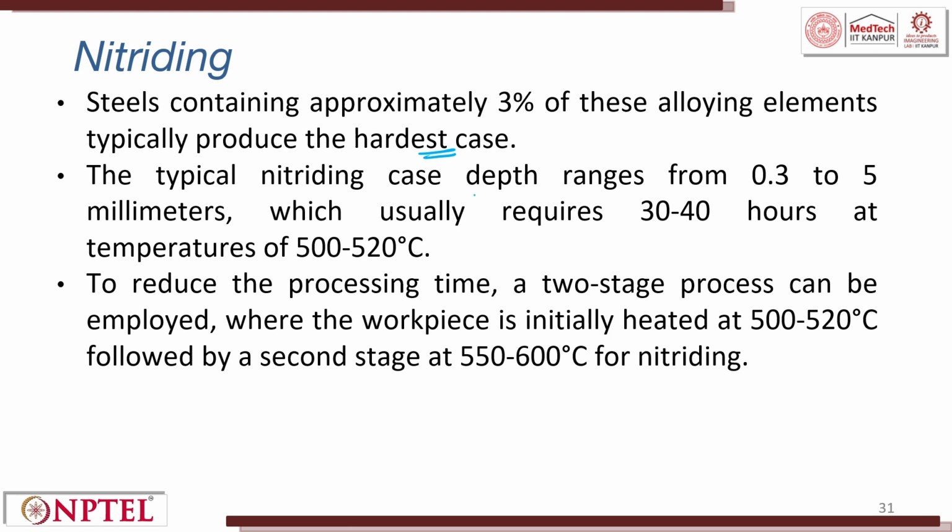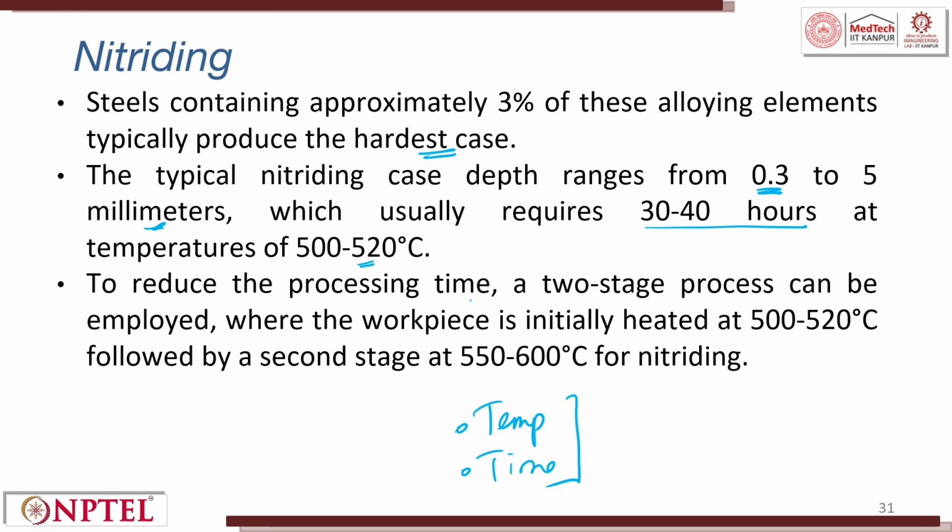Steel containing approximately 3% of these alloying elements typically produces the hardest case. The typical nitriding case depth can be 0.3 to 5 millimeter, which usually requires 30 to 40 hours, where the temperature has to be maintained from 500 to 520 degrees Celsius. So, in heat treatment, temperature and time are very important.